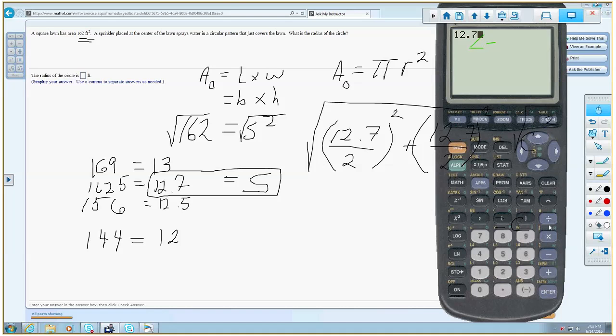Now, of course, you need to find the actual square root of 162.5 or whatever it comes out, 162. Let's just do that right now. 162 raised to the 0.5 power, 12.7. Okay, I got it. So we take 12.7 and divide it by 2.